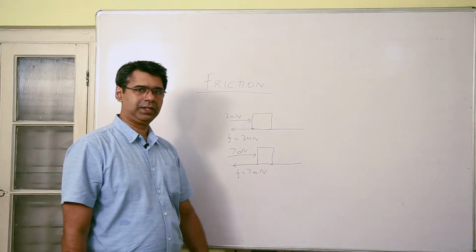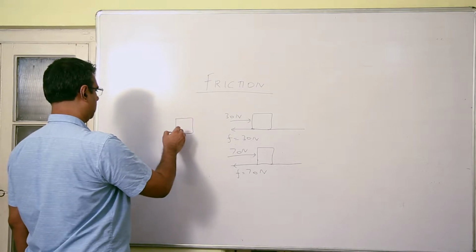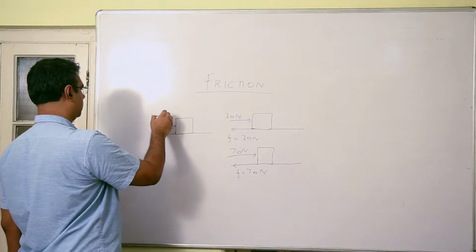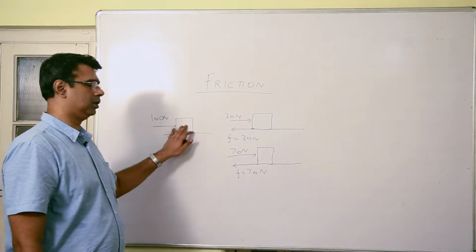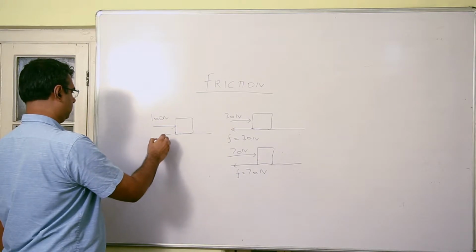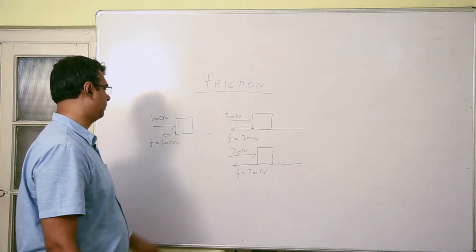That is why the block is stationary. When the applied force is increased to 100 Newton, then also the block does not move, which means the friction value must be 100 Newton in the opposite direction.